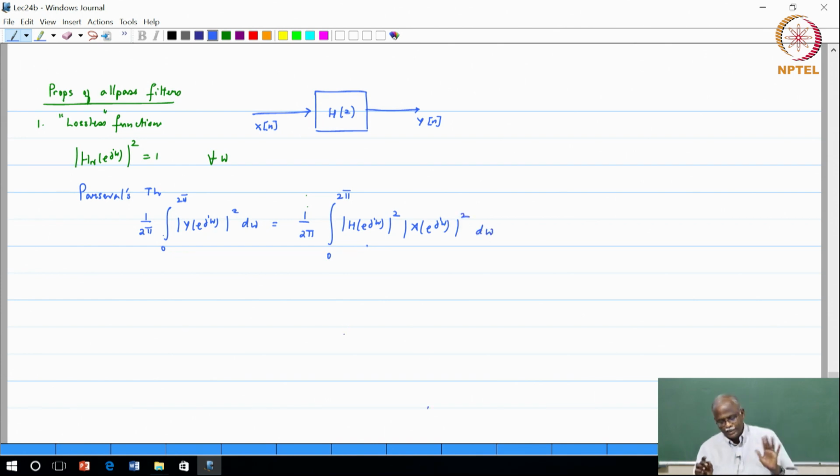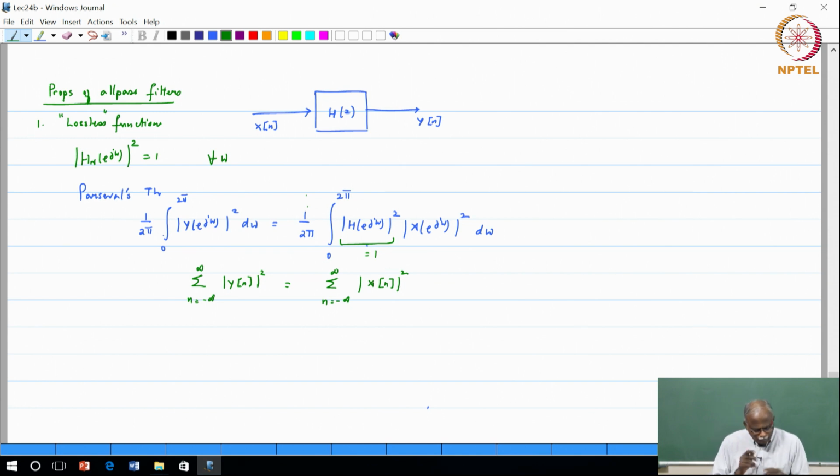That is the input output relationship for LTI systems using Parseval's, but this one is exactly equal to 1. So therefore the energy of y is equal to the energy of x, or if you write it in the time domain, the sum over n equal to minus infinity to infinity of mod y of n whole squared, on the right hand side we get the sum of mod x of n whole squared. Energy is preserved. That is why it is called a lossless function.